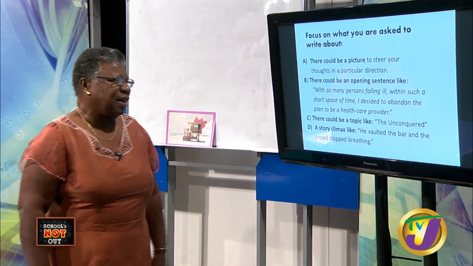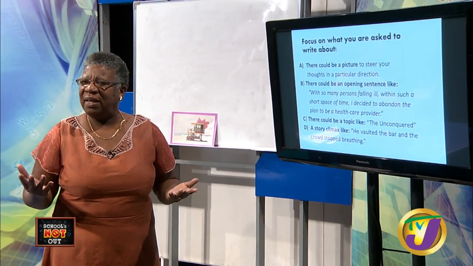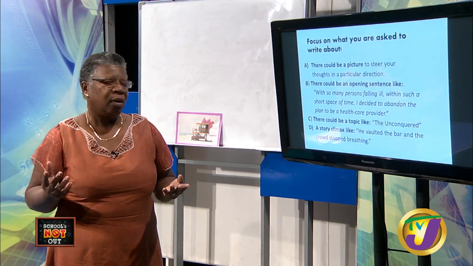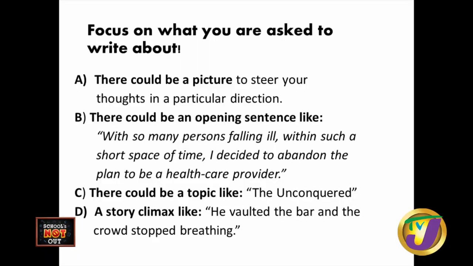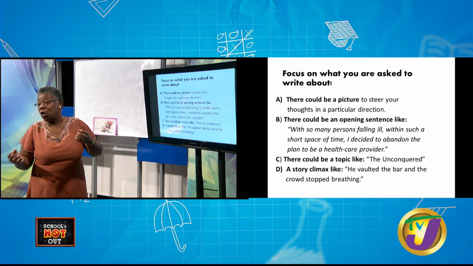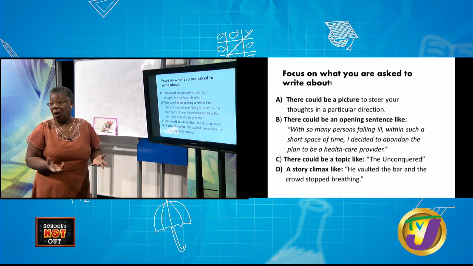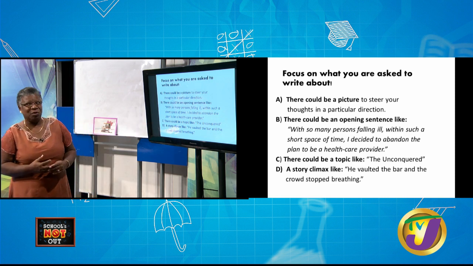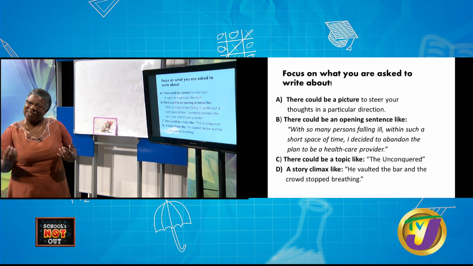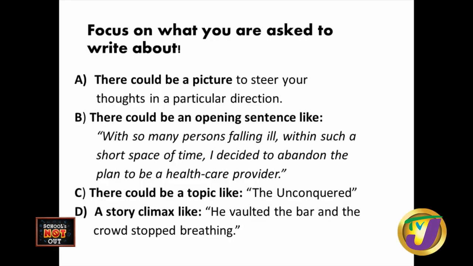Then there is C. Doesn't give you much room. It leaves everything to you. It just simply says, the unconquered. So you're going to have to work that in whichever direction you think will bring out the idea of someone somewhere being unconquered. And then D, I find D very interesting because D starts you right in the middle of the story.